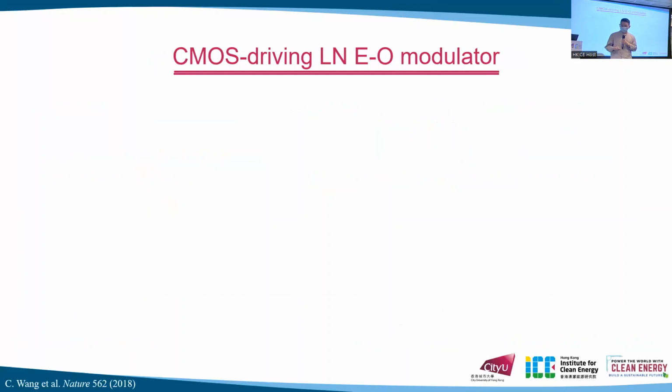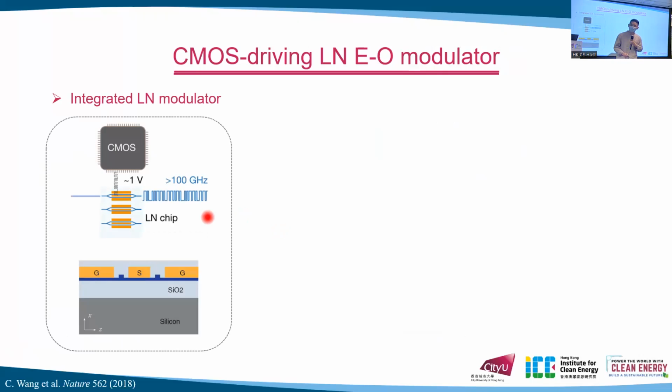So in the next year, a CMOS driven modulator was fabricated. This is the integrated lithium niobate modulator. We can see that the V pi is very low, about 1 volt. So the lithium niobate modulator can be directly driven by a CMOS.